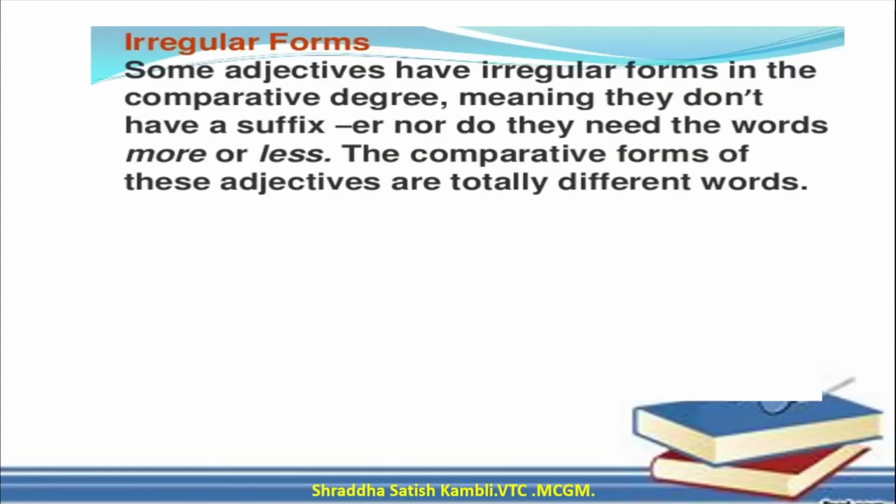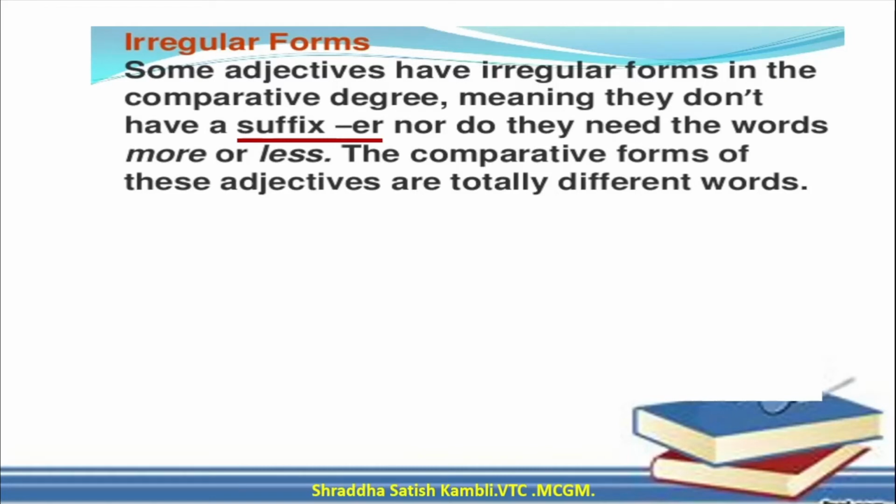Now then, what are irregular adjectives? Some adjectives have irregular forms in the comparative degree. Now what is the meaning of irregular forms? They do not have a suffix er. The suffix er or est is not added after the word, and they do not take words like more or less also.